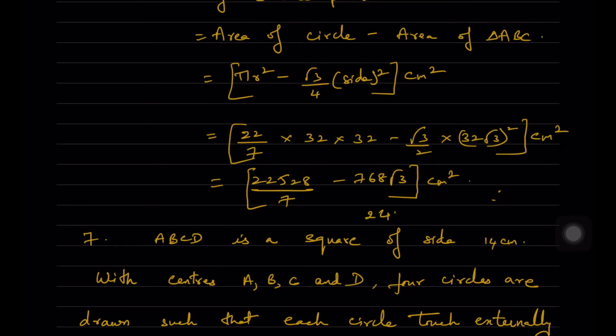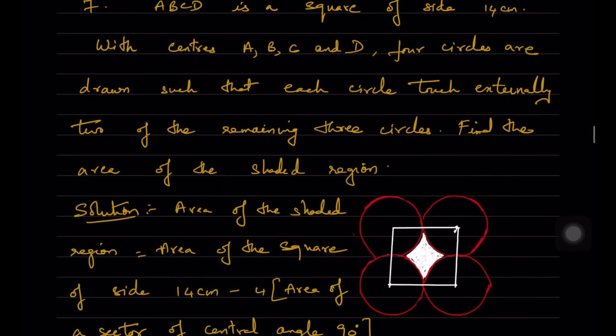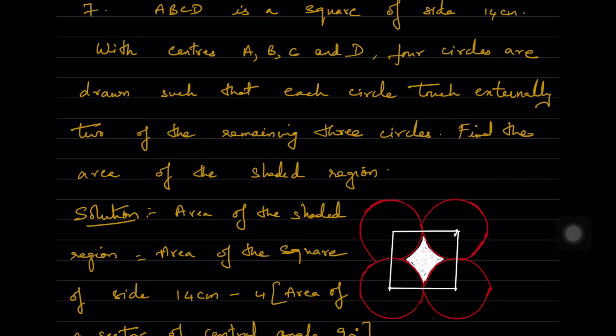After solving, 768 root 3 is equal to 2411.52, and 22528 by 7 is equal to 3218.285. So 3218.285 minus 2411.52 is equal to 806.76 centimeters square.